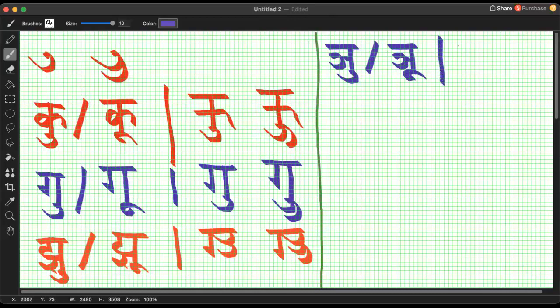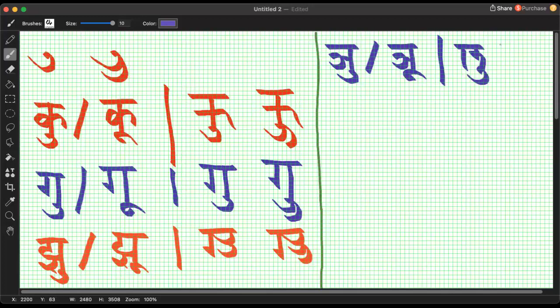We are writing this in Sharda. We all know this is the alphabet for nya, and O matra is added here.